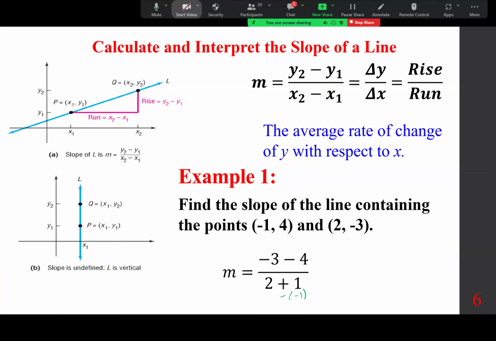That's how we get this. This is important to understand how we arrive at this. And so the numerator is -7, the denominator is 3, and we get -7/3.